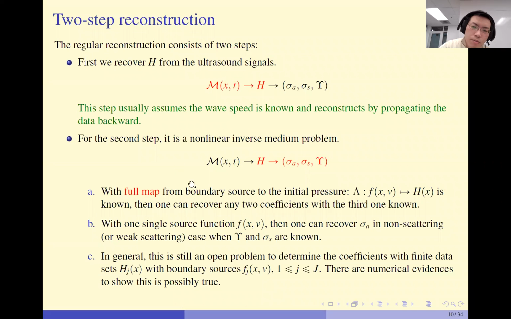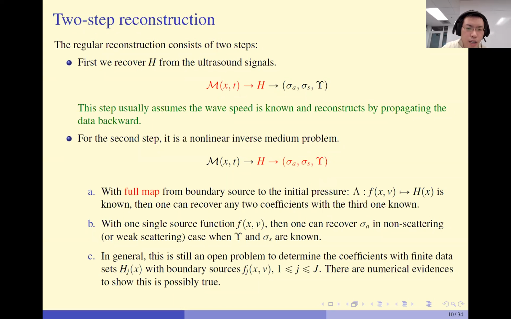Here I just want to mention a few results from the transport model. The first result is from Guillaume, that if the full map, which is the albedo type operator, is given, meaning all kinds of laser sources and you measure all kinds of initial pressure fields, then you can recover any two of these three coefficients if the third one is known.